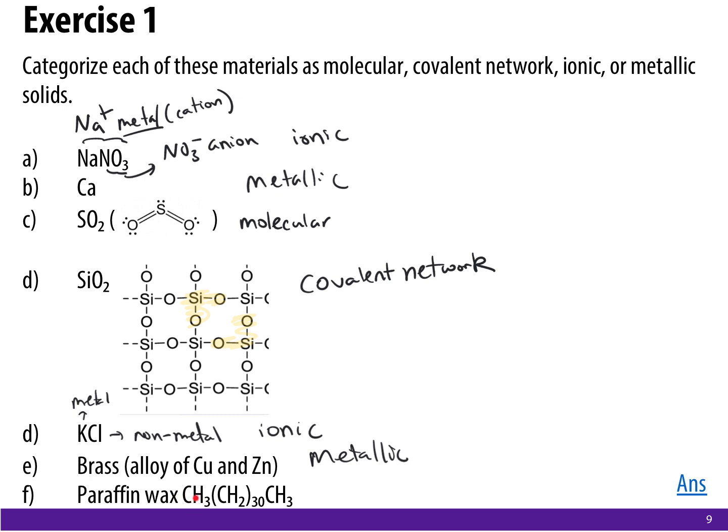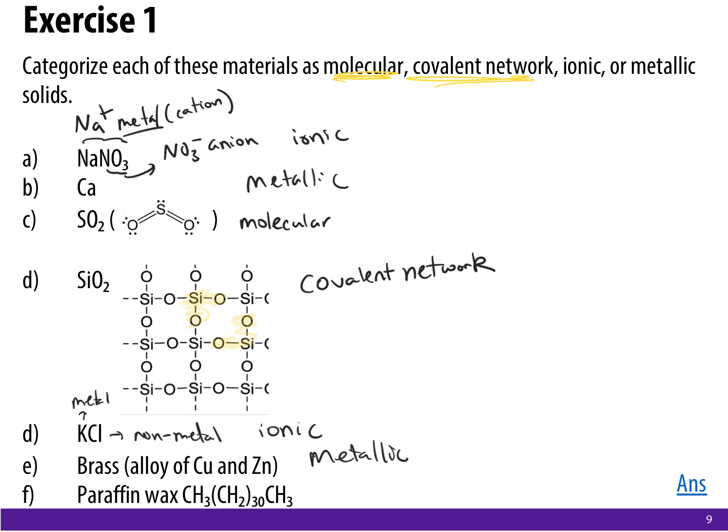Paraffin wax here, CH3, CH2 30, CH3. If we look at it, this is all nonmetals, so that's going to put us into either a molecular or a covalent network substance. Even though it's a big molecule, it is just discrete molecules.